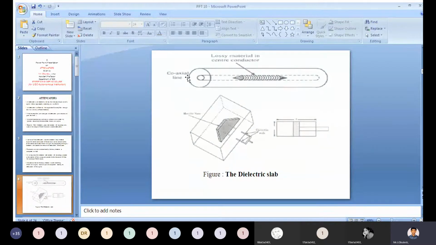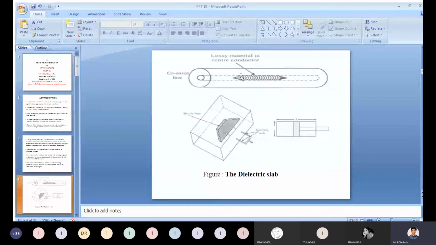A coaxial fixed attenuator uses dielectric glassy material inside the center conductor of the coaxial line, to absorb some of the microwave power propagating through it.